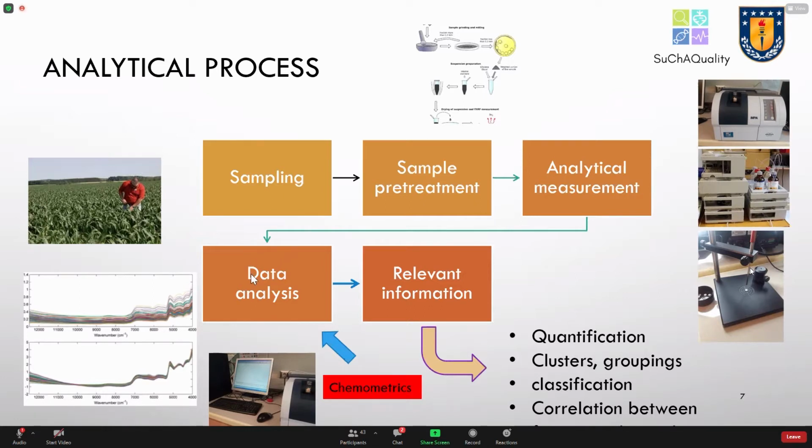Then we have to obtain the relevant information about our data, and this information can be used for quantification, for cluster evaluation, groupings, classification, or only to see if our sample has some correlation between samples, or even if we have variable and sample correlation, and so on.